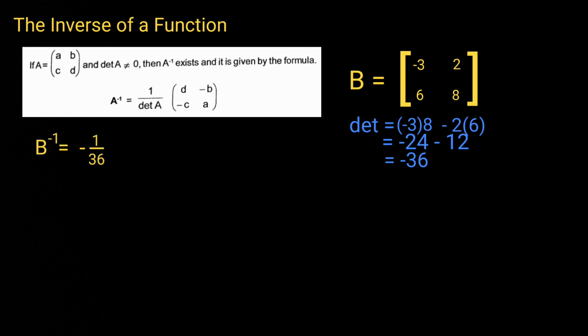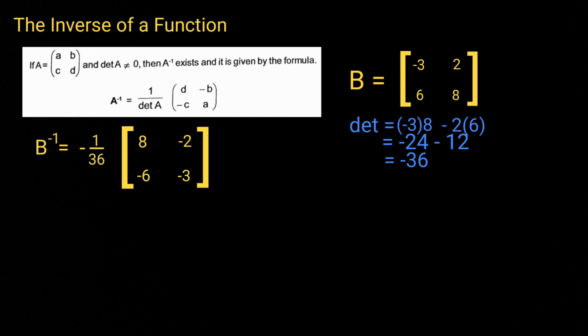Remember, we use the reciprocal of the determinant as the scalar in the matrix multiplication in the formula. Then, just like how the formula goes, we swap the positions of negative 3 and 8 and take the negatives of 2 and 6.